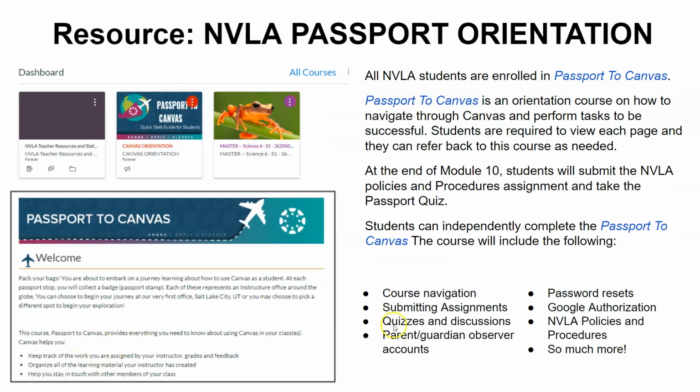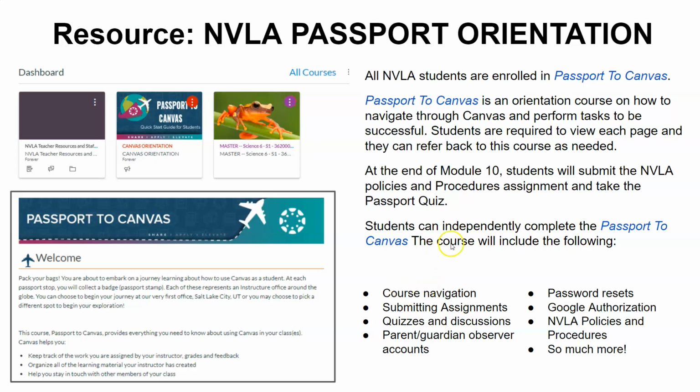If you need additional resources or you need help in certain aspects of Canvas, you have access to the NVLA Passport Orientation. This is a course that will provide information about navigating through Canvas and performing tasks such as submitting assignments, completing quizzes and discussions, your Google Drive authorization, and so forth.